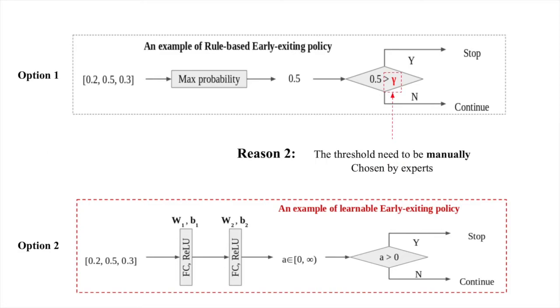Another important reason is that in option 1, the threshold must be manually chosen by an expert. Usually it requires searching on a validation set. When there are a lot of branches, the searching could be very inefficient.